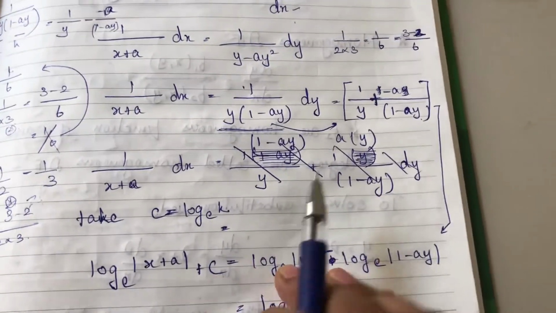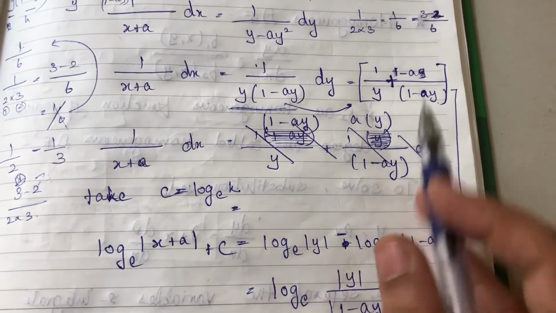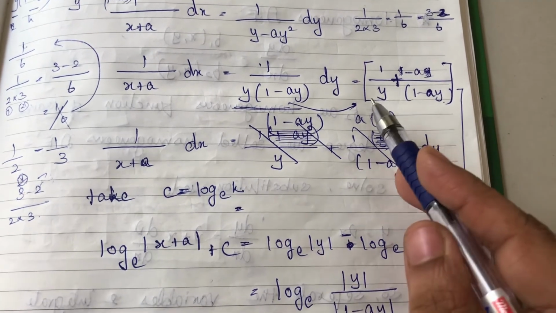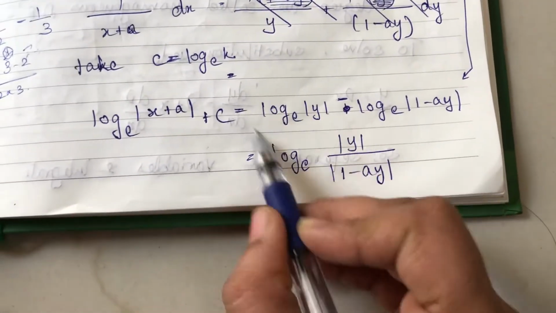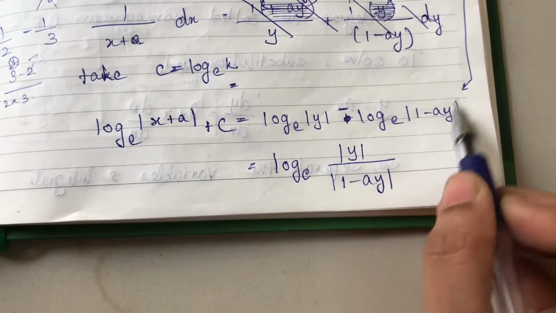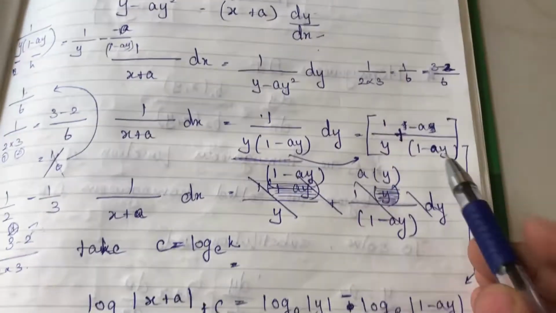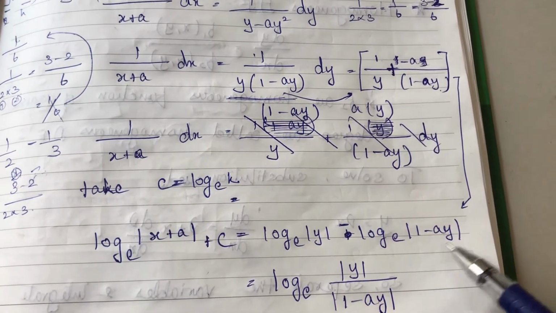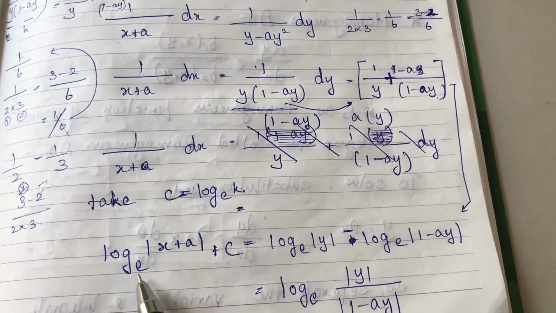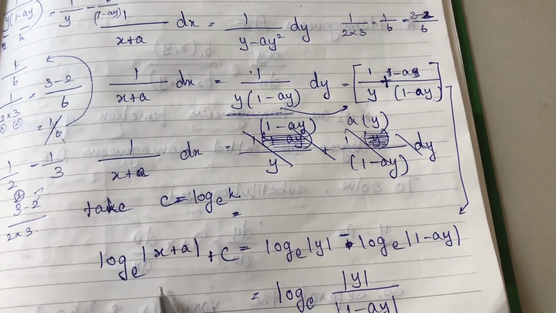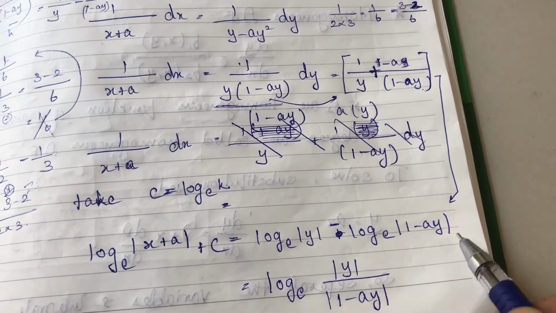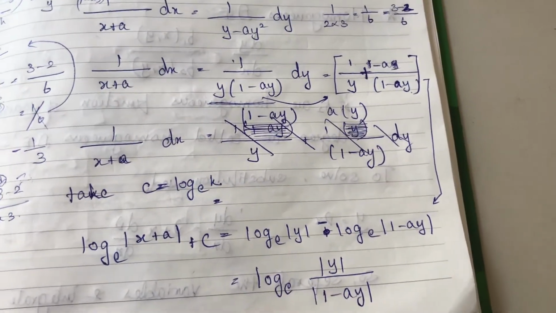So I can easily write log of y, because I differentiate this I will get 1. So log of y minus log e of 1 minus ay, 1 minus a. If I differentiate this thing, 1 will come, right? So take all these things as log and plus c is added.